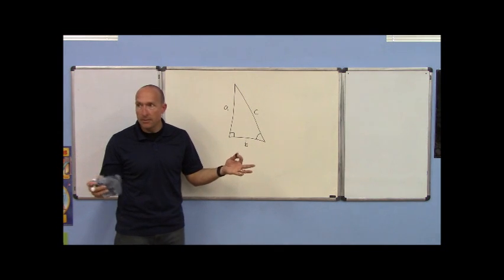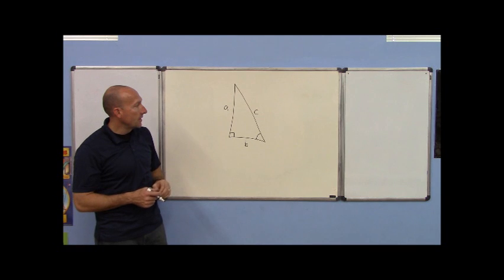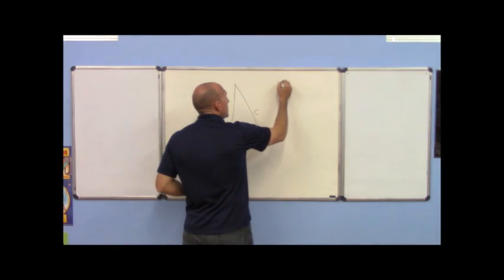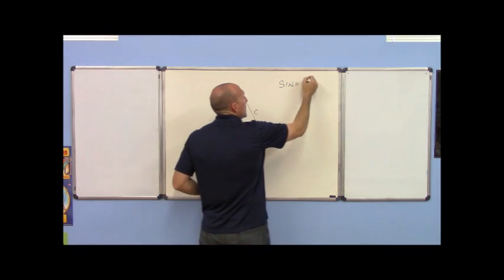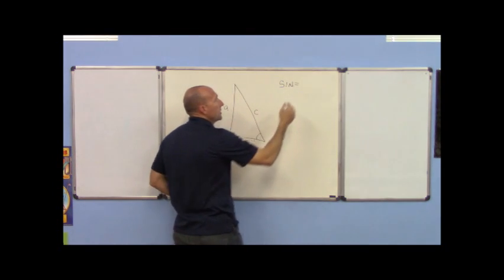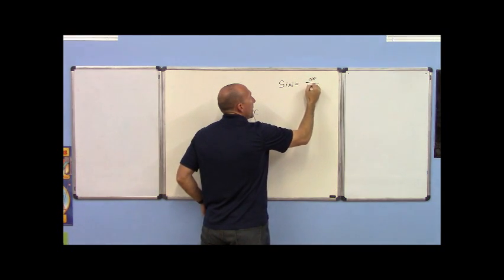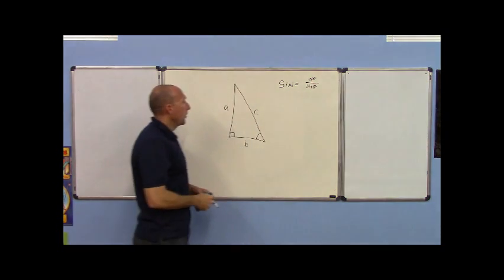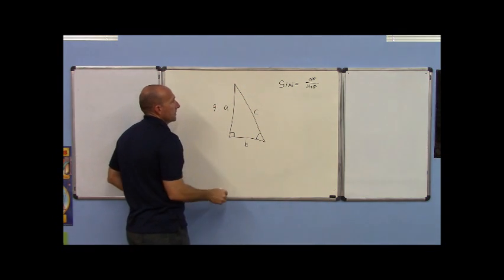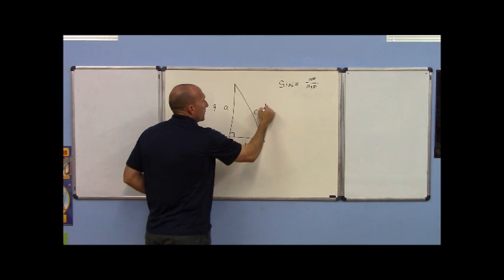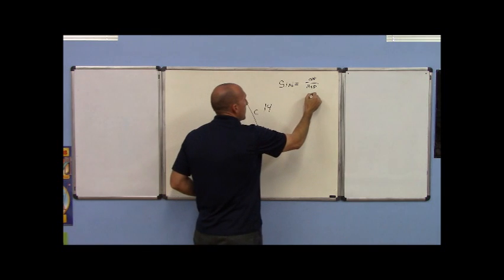So anytime you see hypotenuse, it is the side that is opposite the 90-degree angle. Now, whenever we're doing sine, S-I-N, that is going to equal the opposite side over the hypotenuse. So if we knew that side A was 9 and side C was 14, well then we can say the sine is going to be 9 over 14.